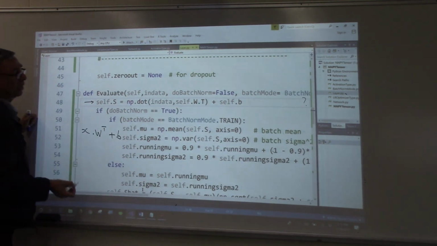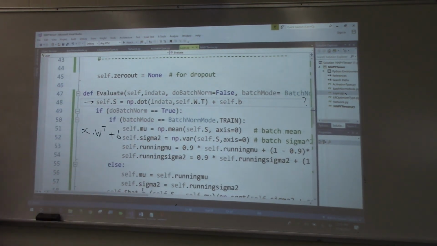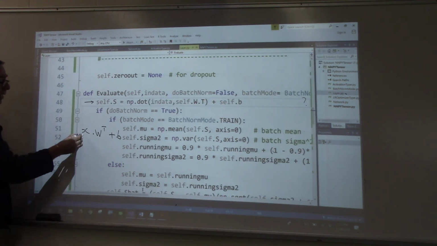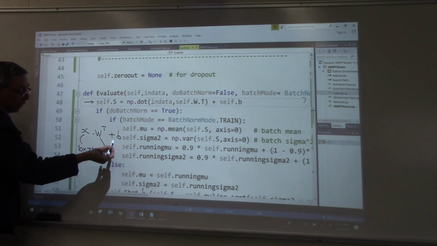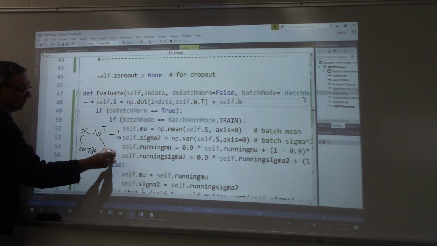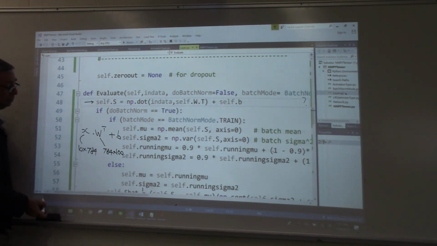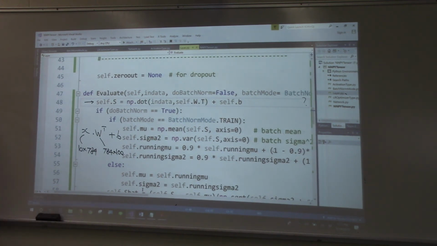Whereas previously it was, I forgot, x times w plus b. There was no transpose involved. Okay, so once again, now this will be, for example, 10 times 784 coming in. Because we transposed it, this will become 784 by 100 as an example. And b is simply a 100 size array.